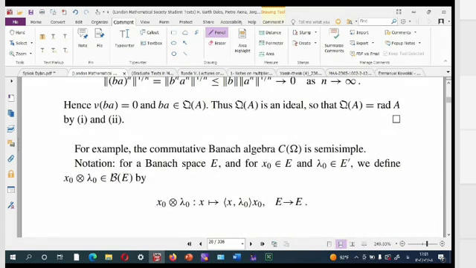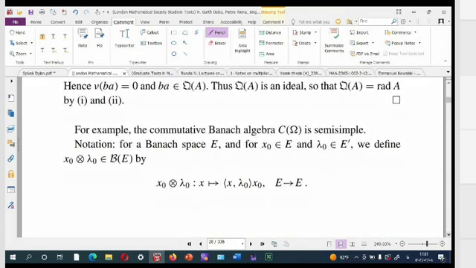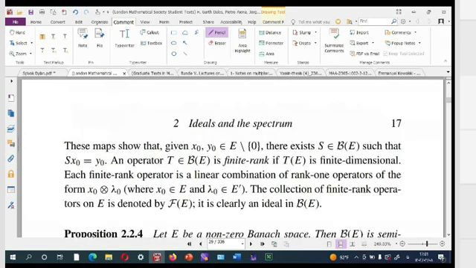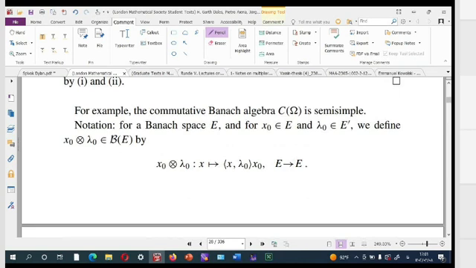Let me recall this notation because we need some definitions such as F(E), the set of all finite rank operators.